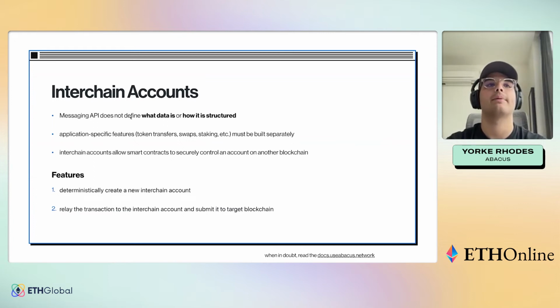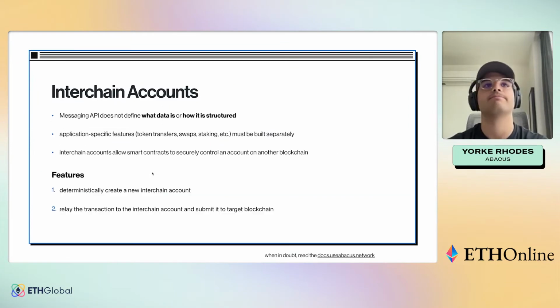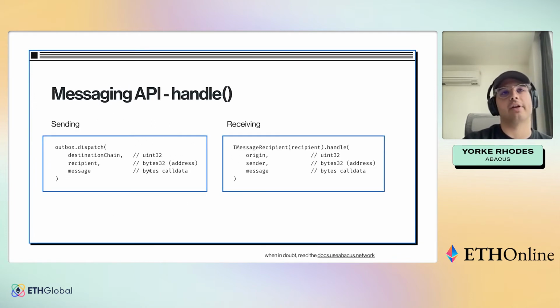Like I mentioned before, this messaging API doesn't define what data you can pass or how it's structured. It's just raw bytes, so you can have whatever message encoding you would like. If you want to implement application specific features on top of this messaging API, you need to write specific message encodings for those application specific actions and interactions.